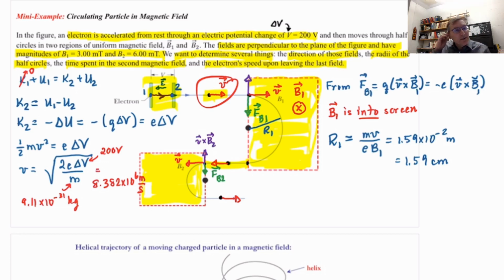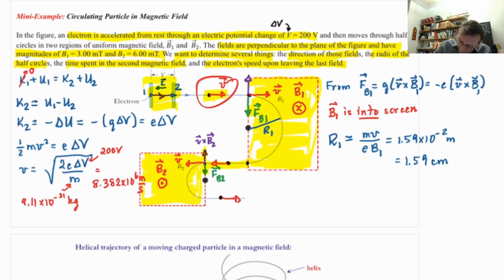What's got to be the direction of B2 then to give me V cross B2 upward? And my contention is that B2 must be coming out of the screen towards us in this region. So that when I do the right-hand rule, V cross B2, my thumb gives me the direction of the purple arrow, and then I reverse that direction to get the green arrow, which is the correct direction for FB2.